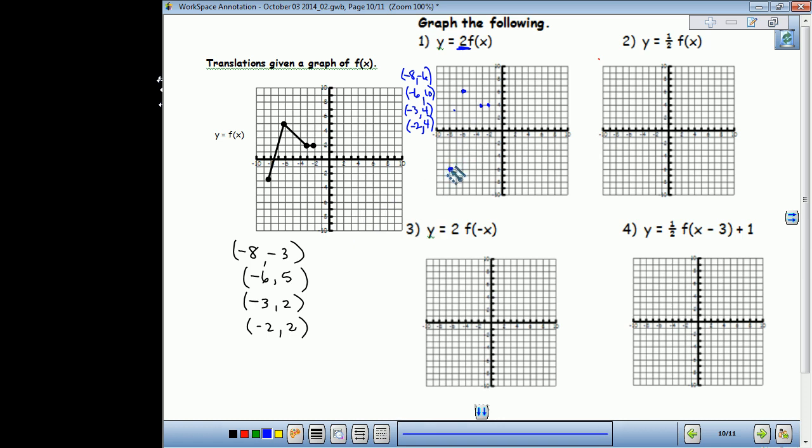I'm just going to connect the dots. Do you see how I vertically stretched it? Just vertically. That's all. Oh, that was supposed to be 10, wasn't it?